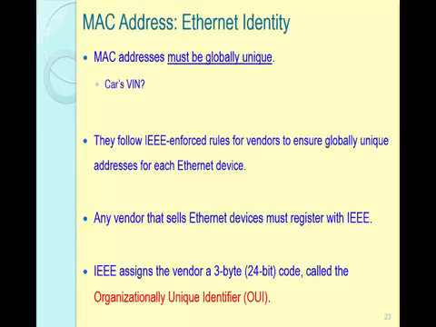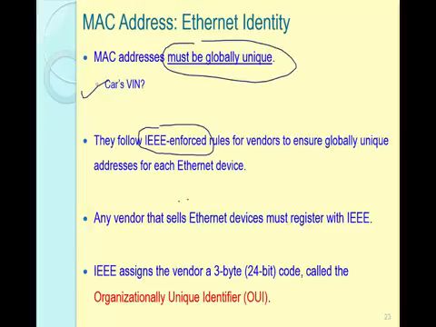Now, one thing that's extremely important for us to realize is that MAC addresses are globally unique. Just like your car's VIN number, no two cars produced have the same VIN number. The way that's controlled to make sure of uniqueness is that you have a standards organization to do it. In the case of Ethernet, the IEEE has certain rules enforced so that any vendor that produces and sells Ethernet devices must first register with the IEEE.